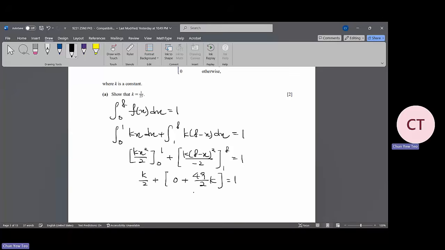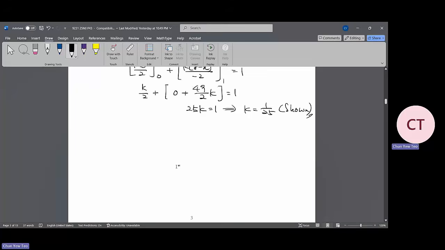So in total you get 50k over 2, that is 25k equal to 1. Therefore your k is shown. Done for part A.